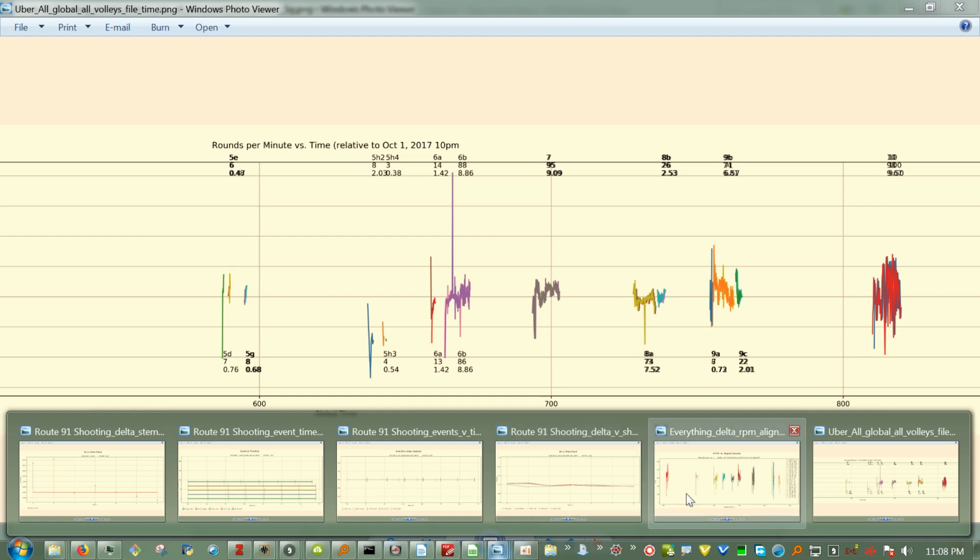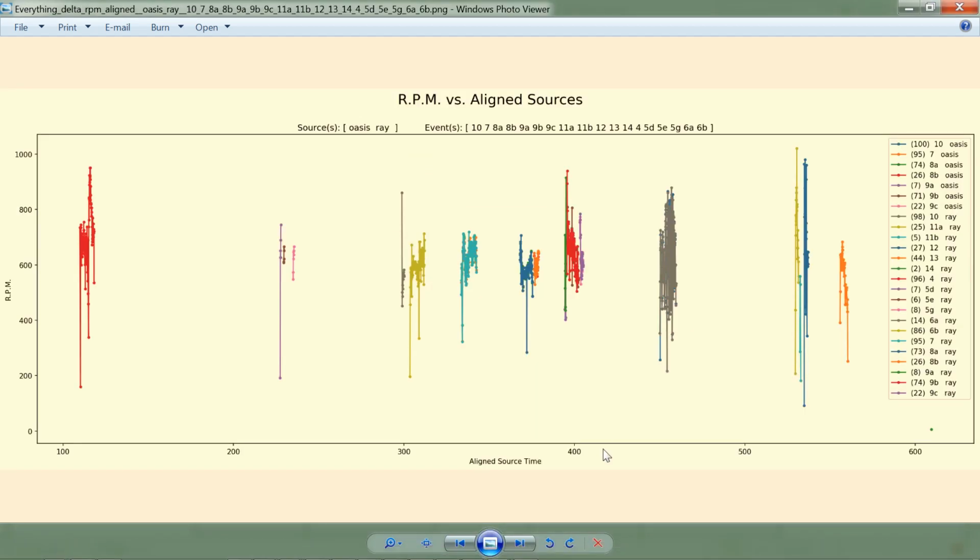If we take a closer look here, i.e. we limit our field of view to just some volleys, and in this case we're going to go from volley 4 to volley 13, and we're going to be comparing the Oasis Apartments and the Raymond Page video.